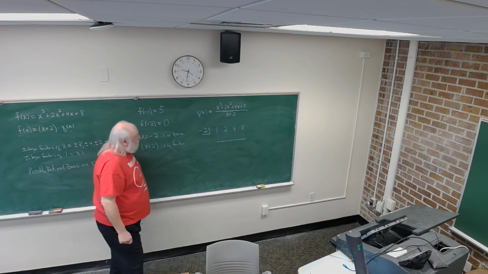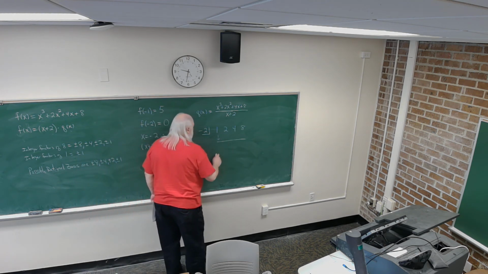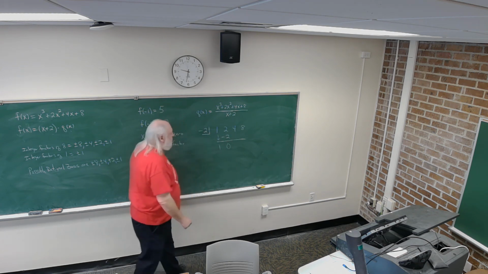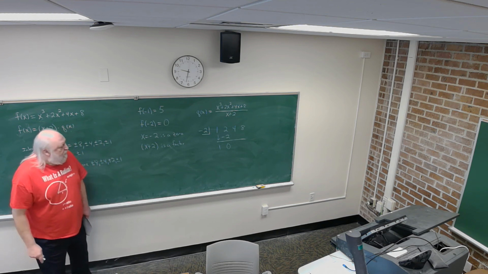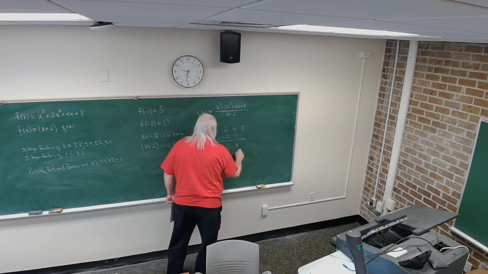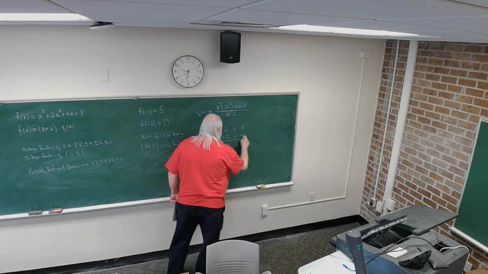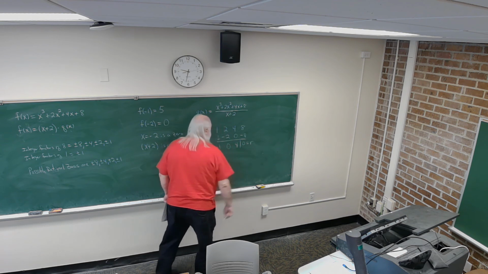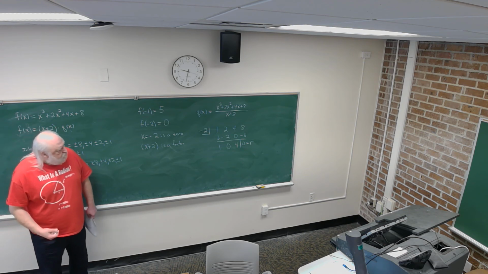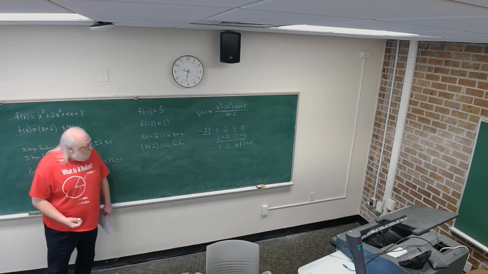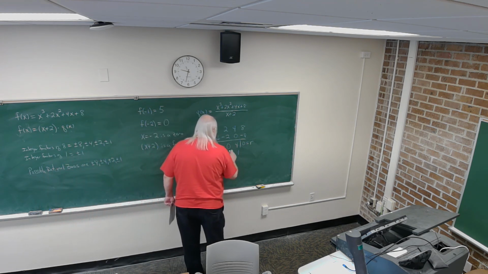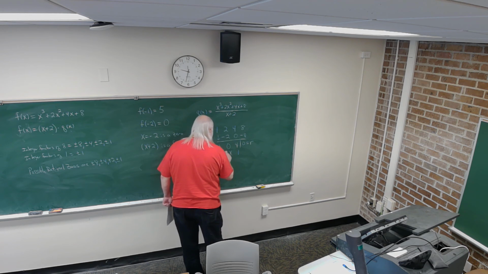So you bring down the 1. 1 times minus 2 is minus 2. 2 minus 2 is 0. Minus 2 times 0 is 0. 4 plus 0 is 4, and minus 2 times 4 is negative 8. And 8 minus 8 is 0. So for q of x, this 4 goes with 1, 0 goes with x, and 1 goes with x squared.